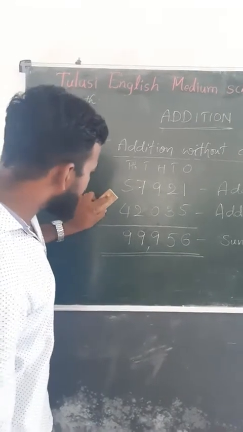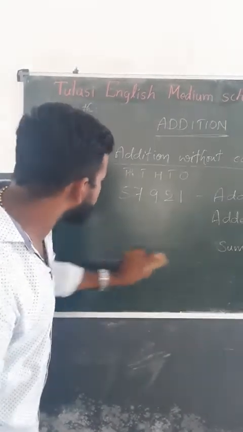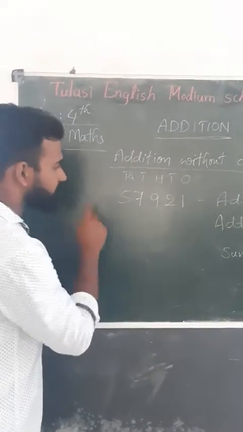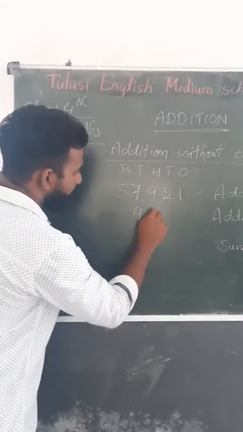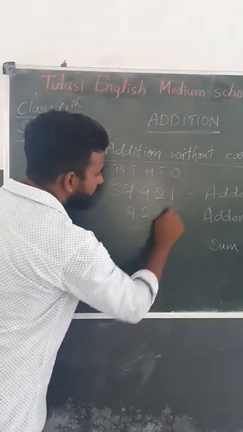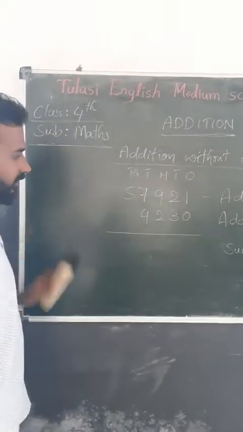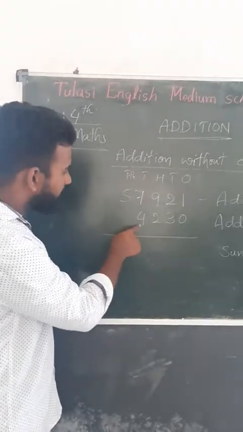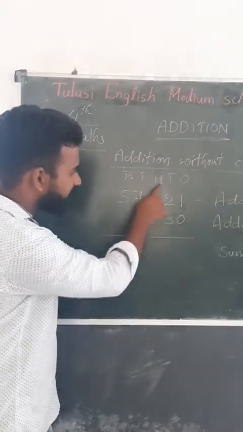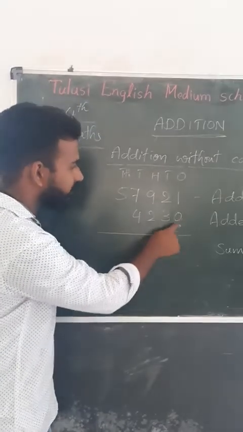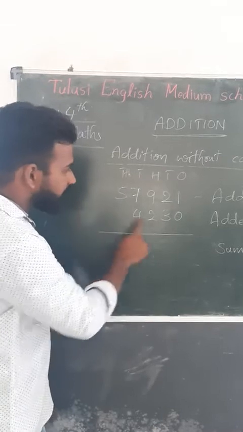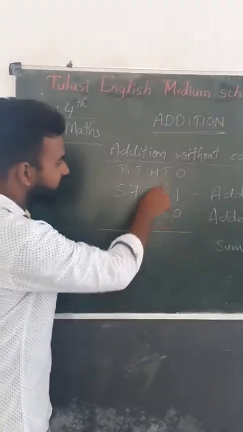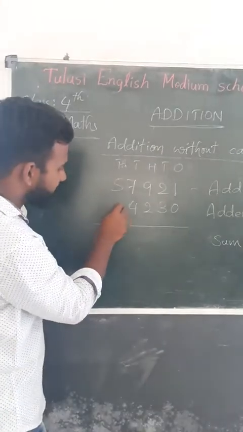Suppose we have to add 4,230 to this. 4 we write under the thousands place, 2 under hundreds, 3 under tens, 0 under ones, because we have to start from the right side. In the 10,000 place, nothing.